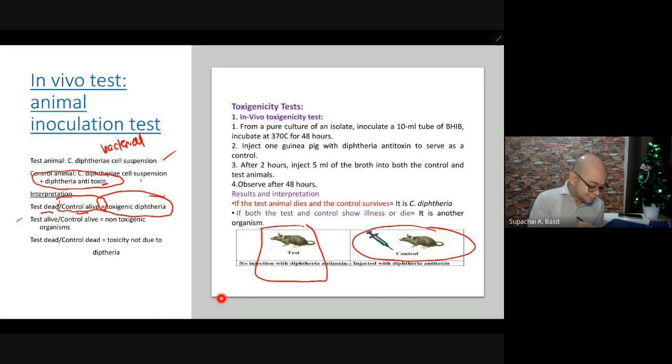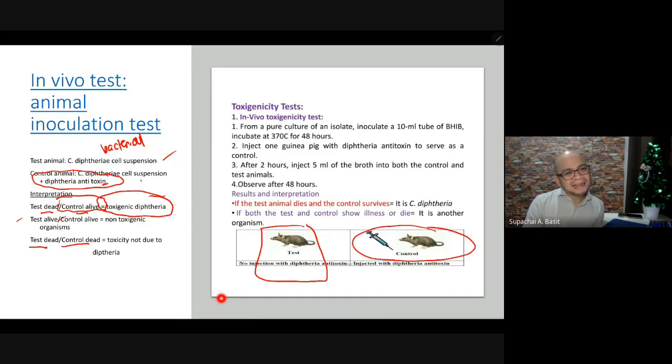If the test animal is alive and the control animal is also alive, meaning to say the bacteria that you have is non-toxigenic. But if the test animal is dead and the control animal is dead, the reason why these animals die is because the toxicity is not due to diphtheria. It could be due to other diseases.